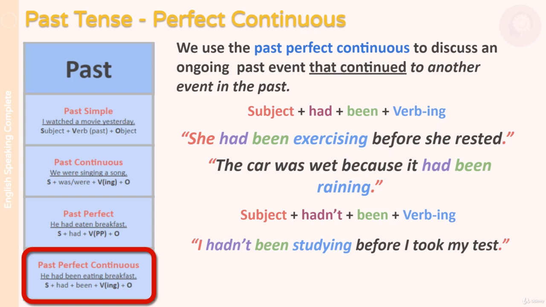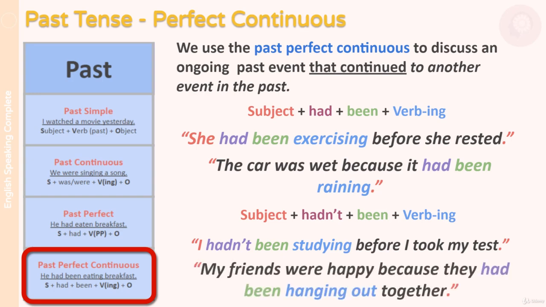Not a clever idea. Okay, could we actually finish this in a negative form with the past perfect continuous? Let's take a look at an example. My friends were happy because they had been hanging out together.